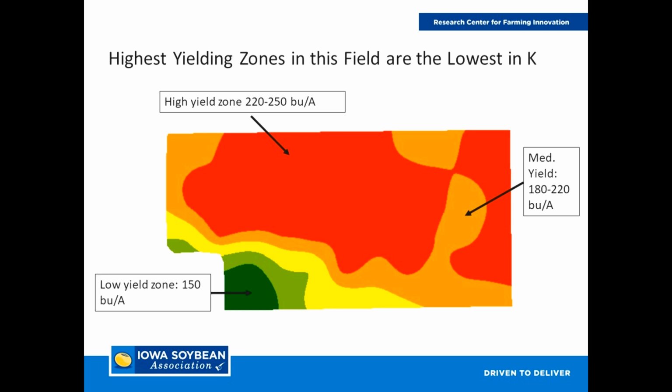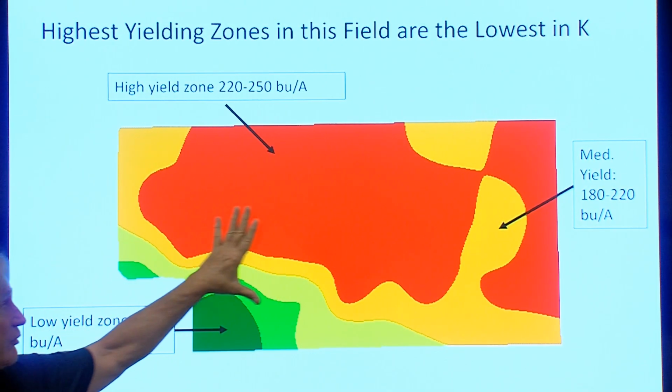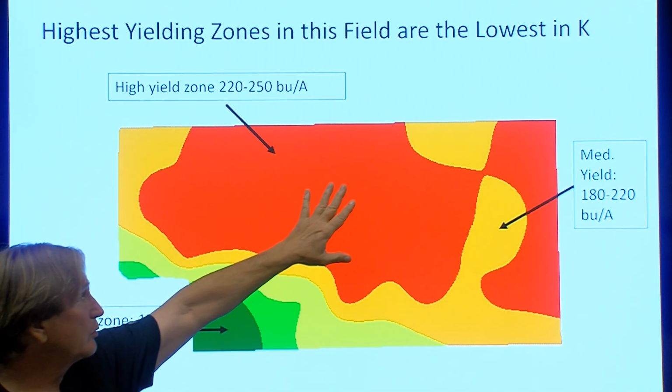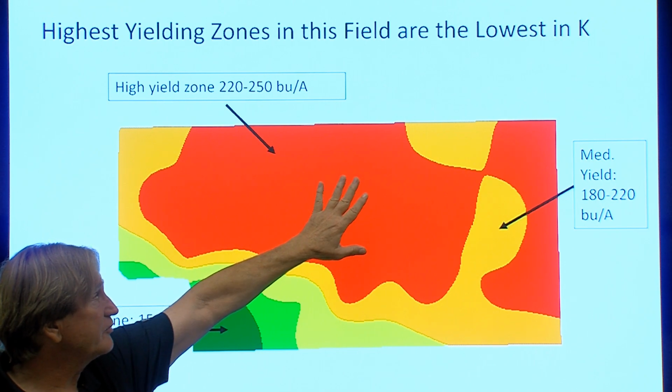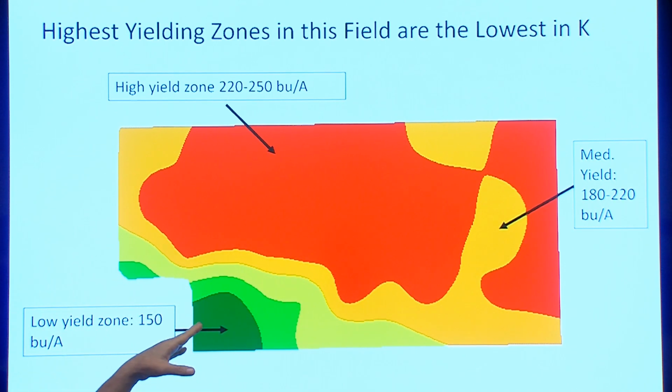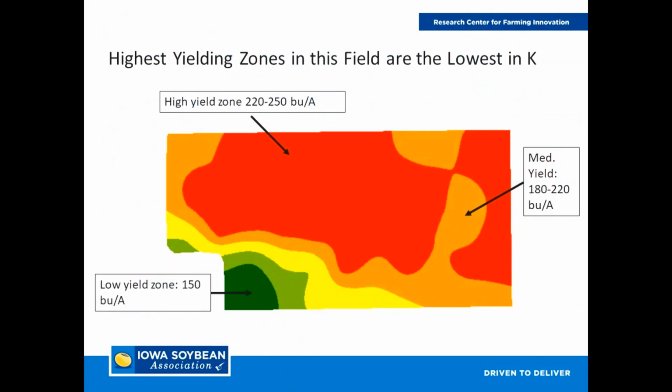This is a very critical point: if we're just applying by crop removal rate on the average of the field, we're underfeeding significant parts of the field and overfeeding other parts of the field. That's very important for your profitability. A lot of guys use software now where they take yield monitor data and calculate potassium removal, and then they just apply the removal rate for that field.